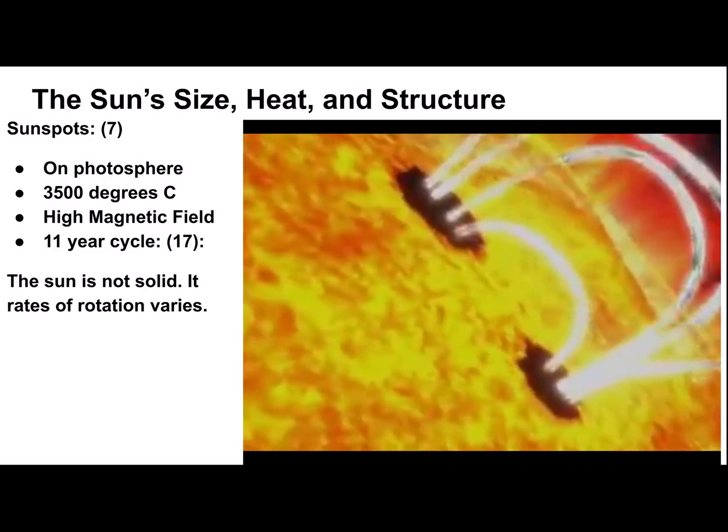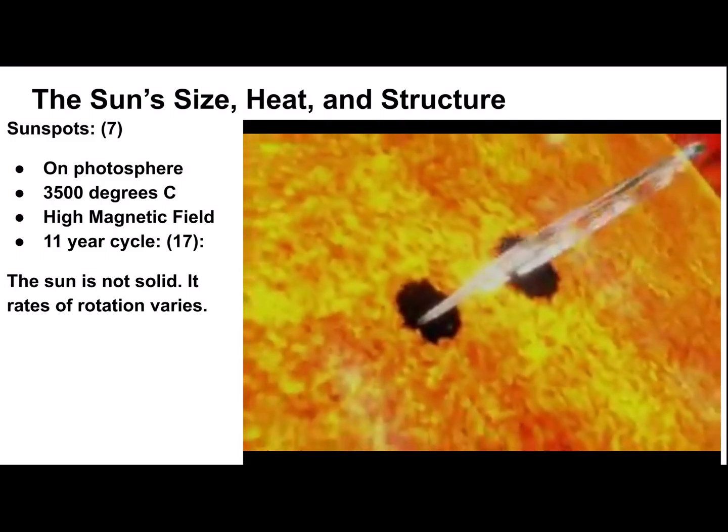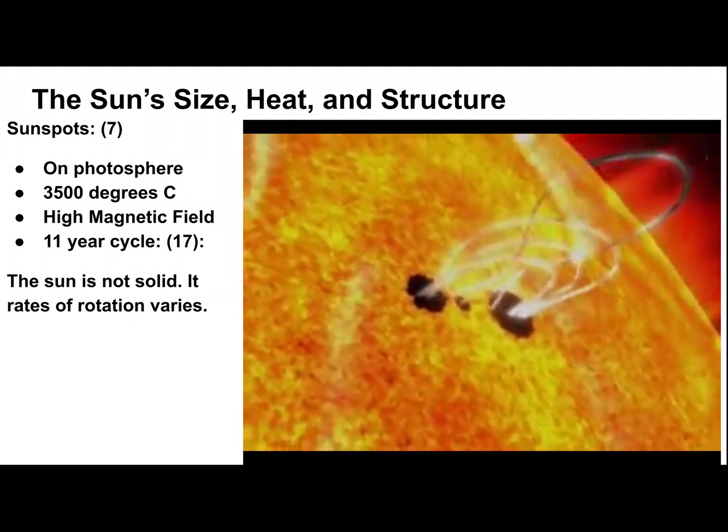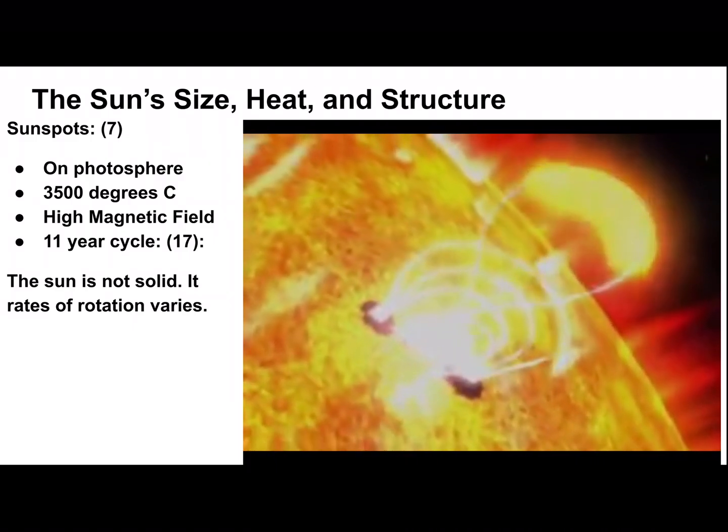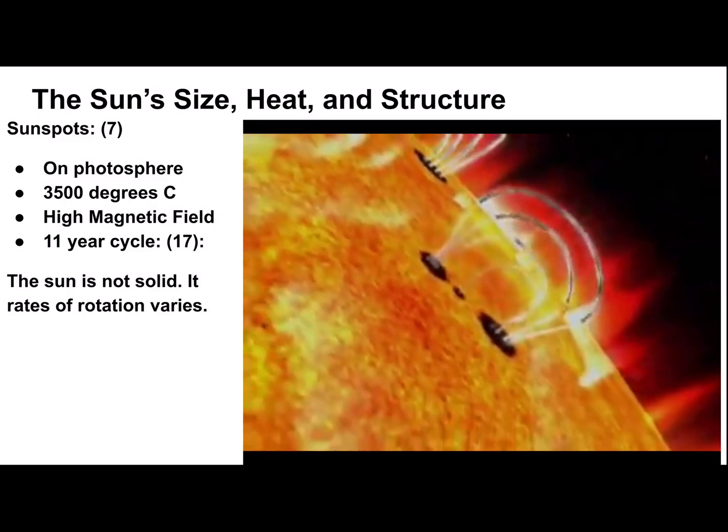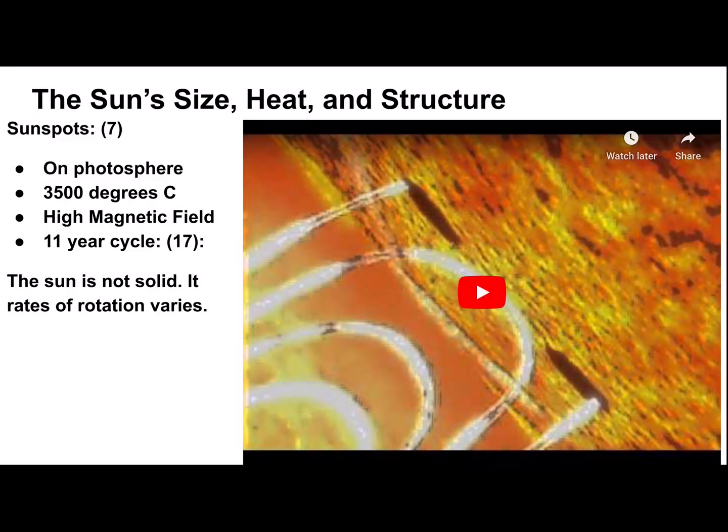It has a high magnetic field. It runs on an 11-year cycle. Because the sun is not solid, its rate of rotation varies. The numbers near things like sunspots and the 11-year cycle are going to refer back to the end of the chapter assessment.